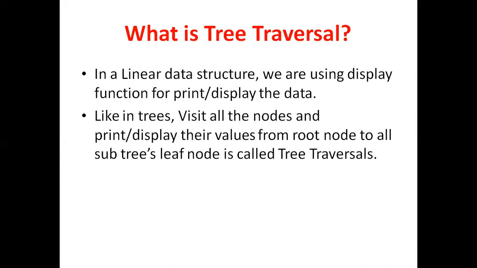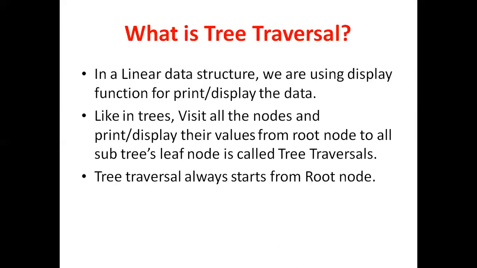Generally we can represent the trees, but I want to print the nodes on our system or screen. How to print? By using tree traversals. Visiting each and every node in a tree is called traversal. Every traversal starts from the root node, always from the root node to a particular leaf node. So visit all the nodes in the tree.